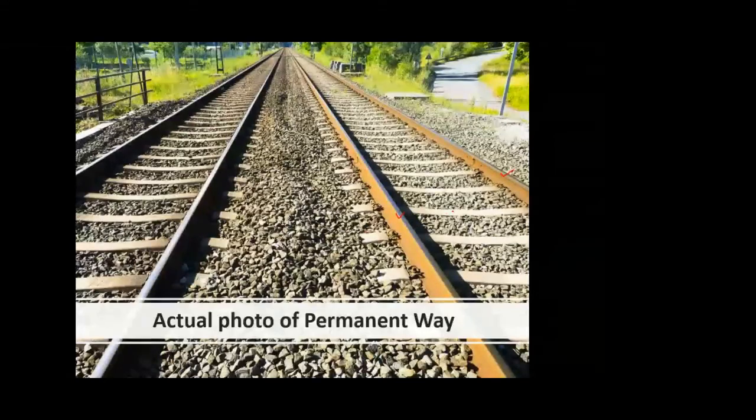Then we moved on to the next component to which the rails are attached, that is the sleepers. Their main purpose is to take the load from the rails and transmit it to the surrounding component. The next component that we saw is the ballast, which is the material holding together the sleepers.